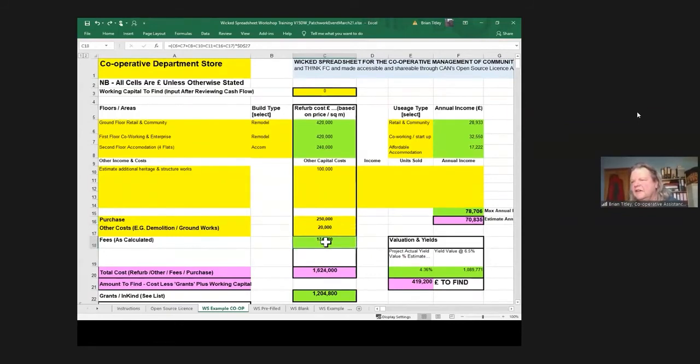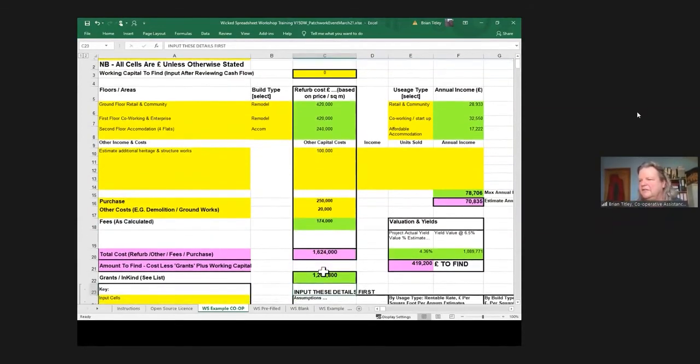So all of those costs, the refurb costs, times the amount that was down below of that 12% for fees on build. It's just giving you estimations, and so that's what comes up with the amount it costs.